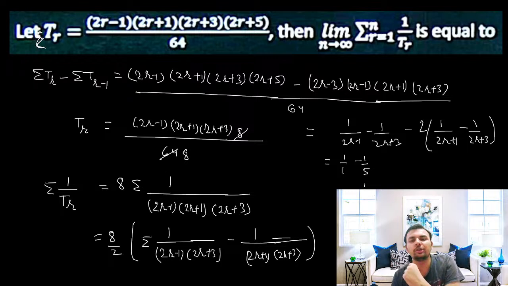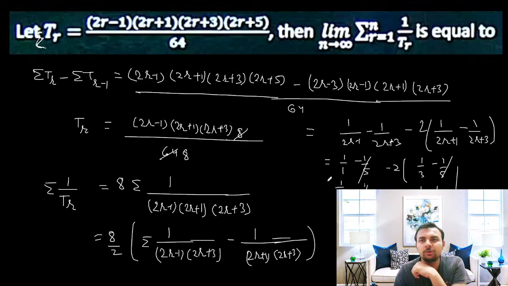It will go dot dot dot, 1 by 3, 1 by 5. So these are getting cancelled, isn't it? It is minus 2 times 1 by 3, 1 by 5, 1 by 5, 1 by 7. So cancel, cancel, cancel.